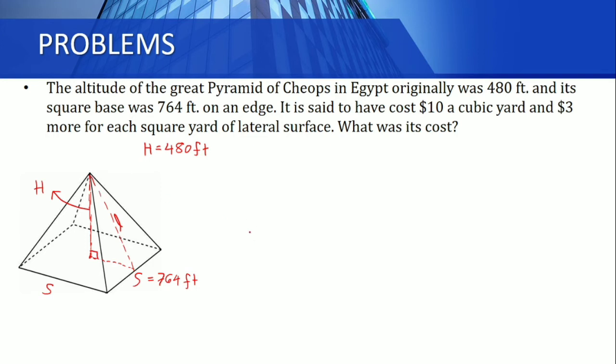So therefore, yung hypotenuse natin which is yung L, so L squared is equal to H squared plus S over 2 squared. So yung L natin will be square root of, so yung H natin that will be 480 squared plus S over 2, that will be 764 over 2 raised to 2.